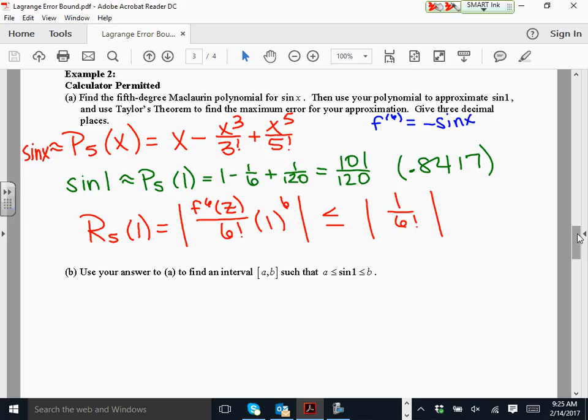In other words, our remainder of our 5th degree polynomial at 1 will be less than or equal to 1 over 720, or 0.00138.